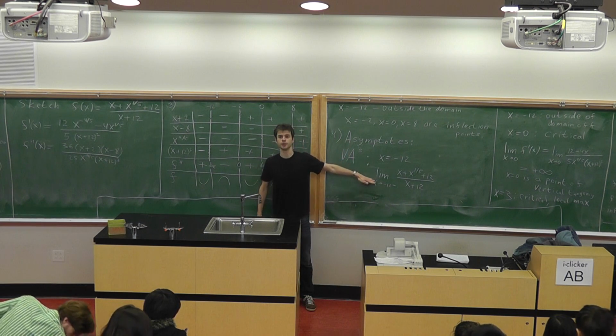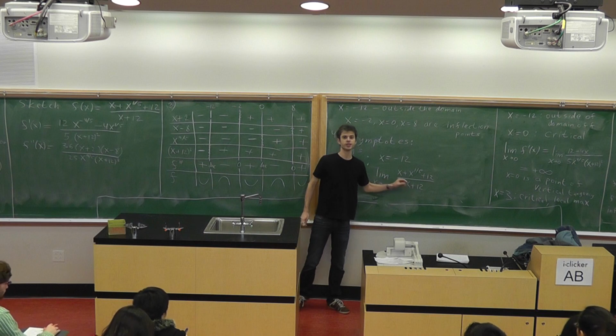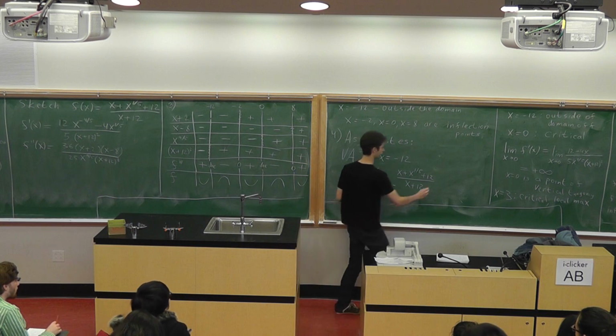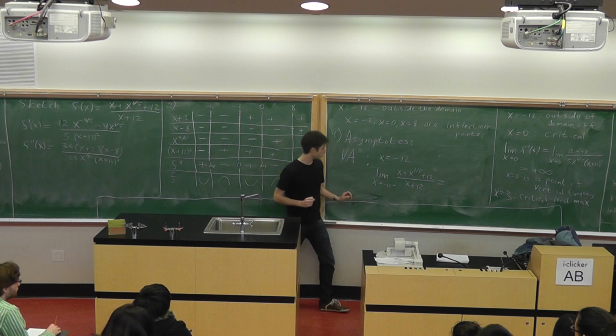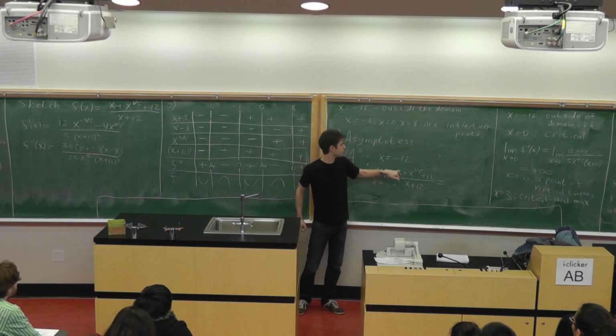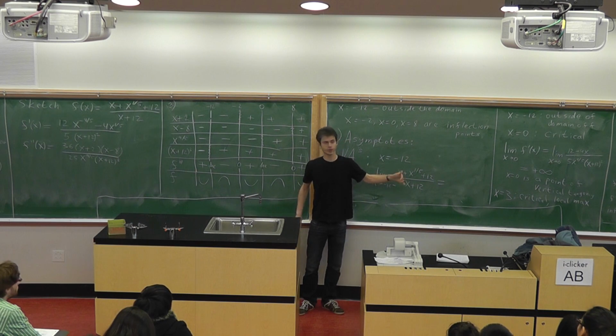Let's compute this limit. What happens to my function as x approaches minus 12 from the negative side? The denominator approaches 0. The numerator approaches something.